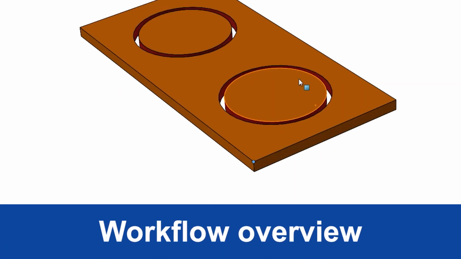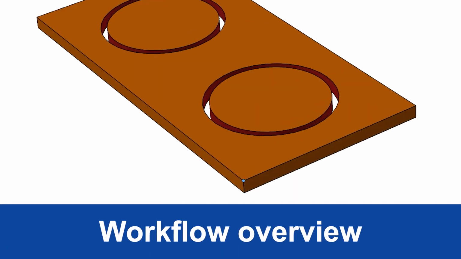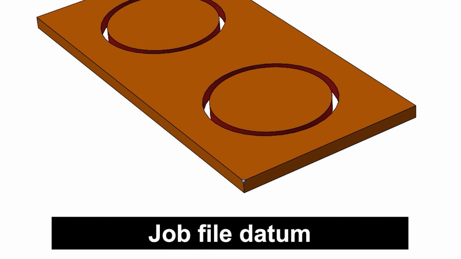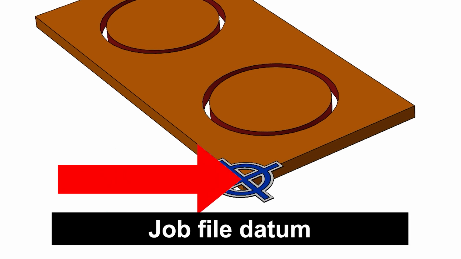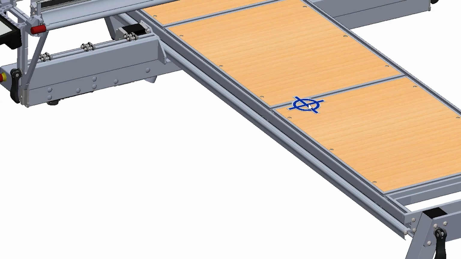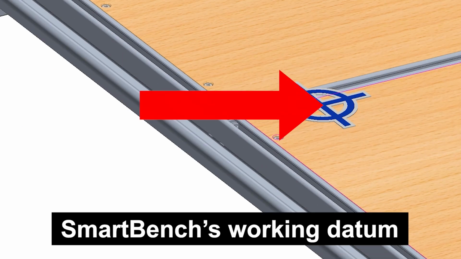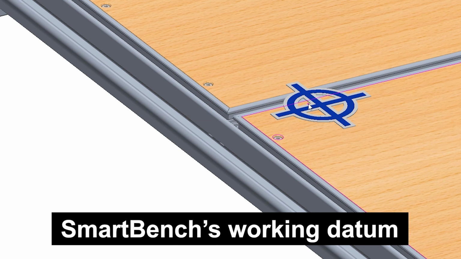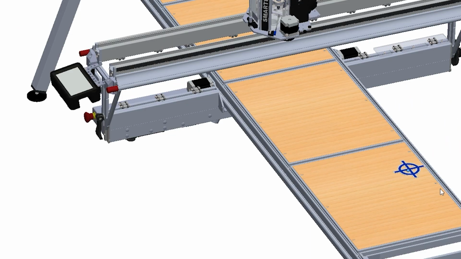So here's how it works. Every job file has its own datum, which is set when it's created in the CAD/CAM software. SmartBench also has its own separate datum, which we call the working datum. And this working datum can be moved around the SmartBench's available workspace.